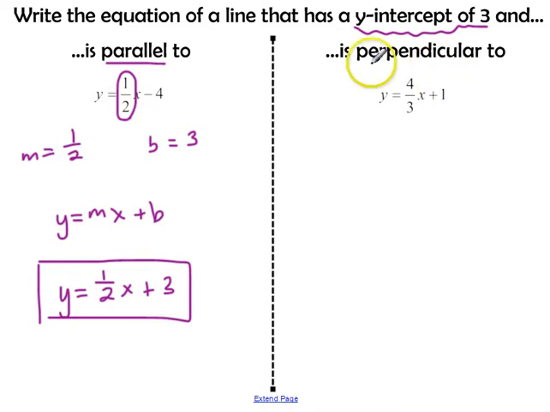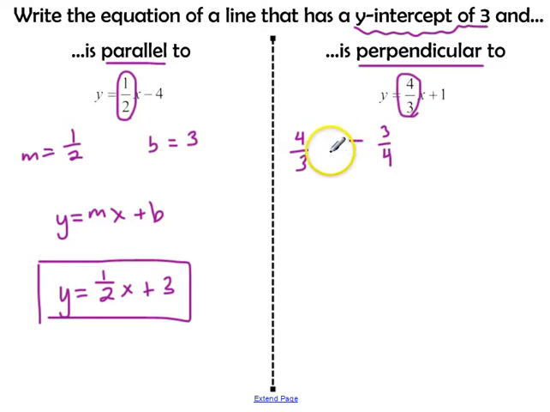Now in the second problem, where you see that it's asking for an equation of a line that's perpendicular to the given line, we definitely still want to work with that slope, but remember, if this is a slope, we want it to be the opposite reciprocal. So if this is positive, we know we want it to be negative, and then if it's 4 over 3, we want to flip that fraction, 3 over 4.